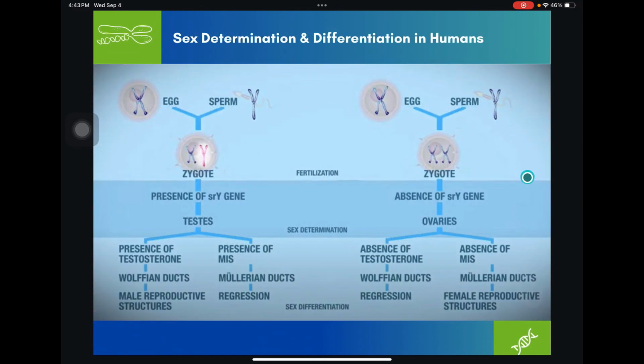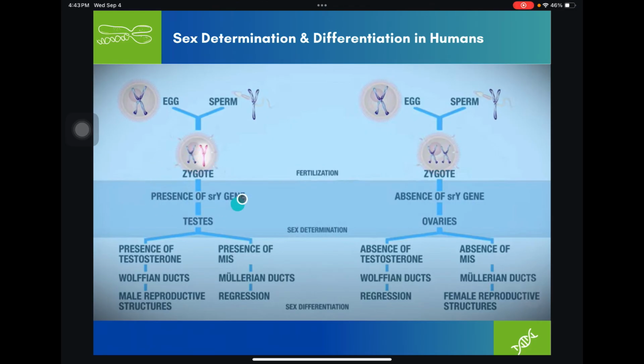This is a very good chart of how sex is determined in humans. We begin with an egg and a sperm cell uniting, forming a zygote, as you can see there. If the zygote inherited the Y chromosome from its parent, you can track it through the Punnett square.